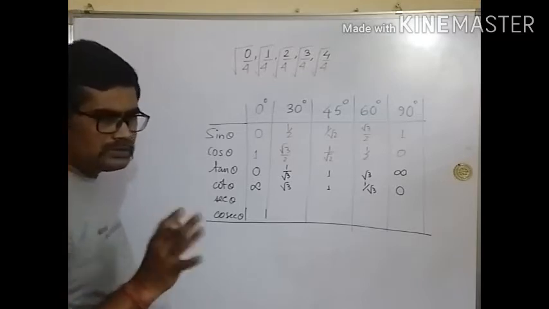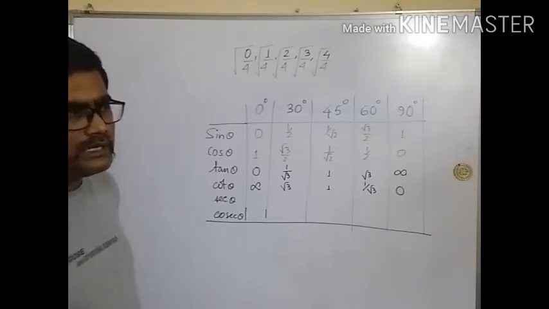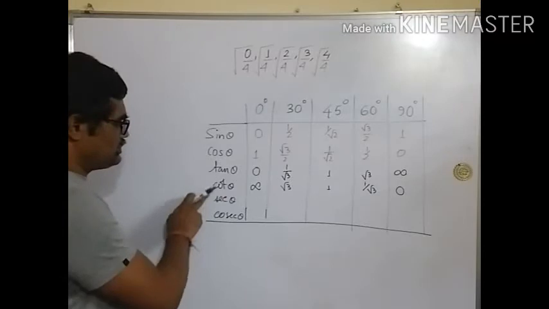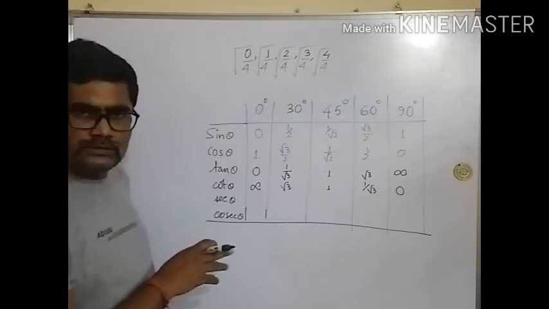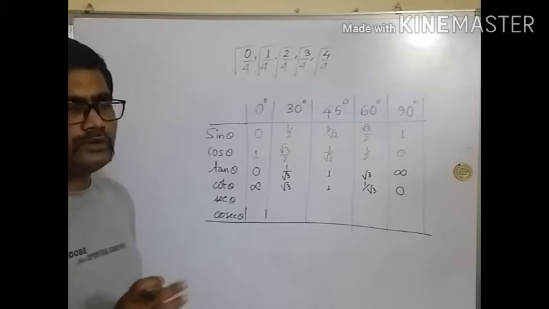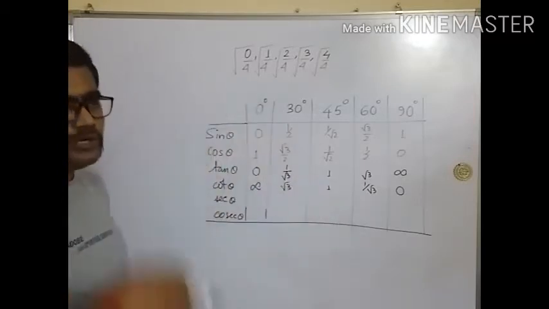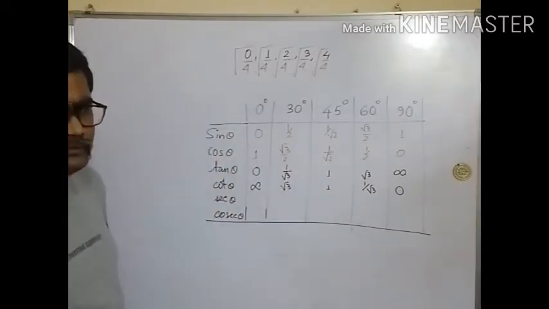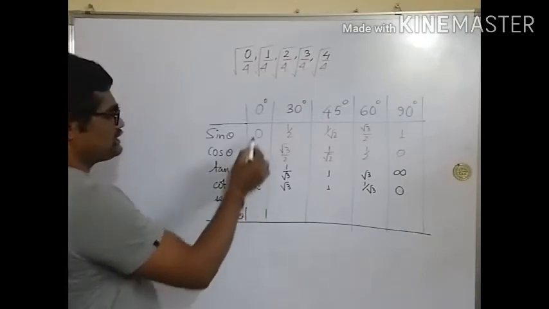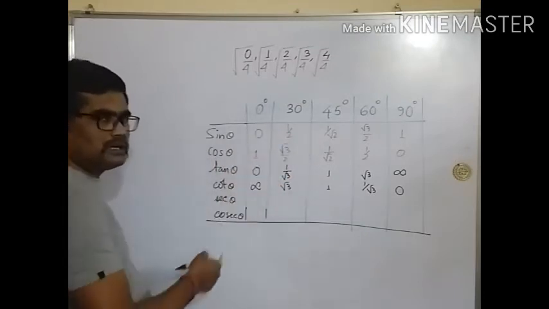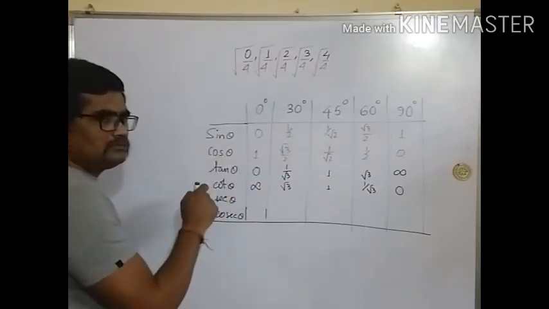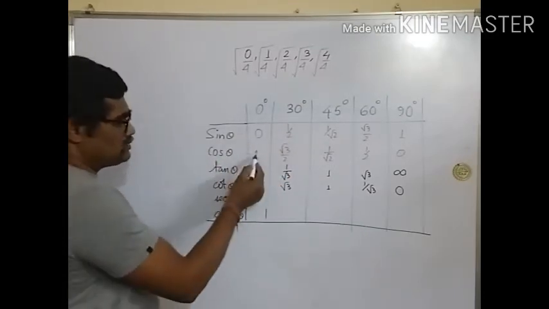So I would suggest you never try to learn the values for the three reciprocals. There is no need, right? Because if you know cos theta, invert it and you will get sec theta. So sec 0 means what? The reciprocal of cos 0. So it is 1.